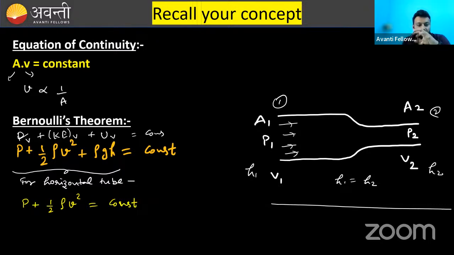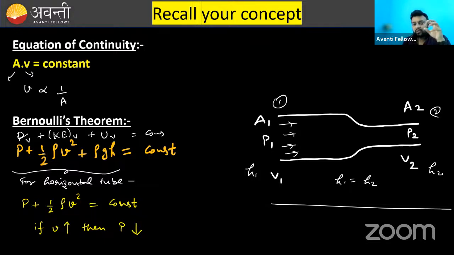So you can see from this relation, if pressure increases, then velocity decreases, or in the reverse manner, if velocity increases, then pressure decreases.